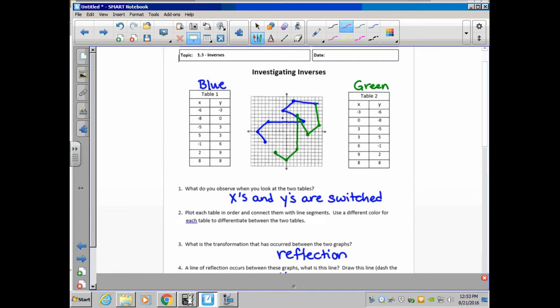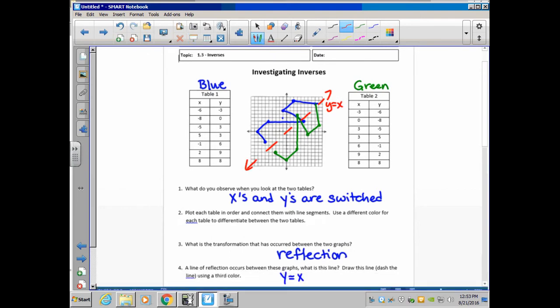Anytime you are finding the inverse of two functions, the inverse is a reflection over the line y equals x. This is the parent function of a line, and this will always be the case for inverses.